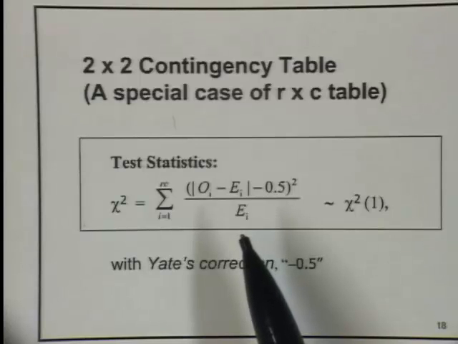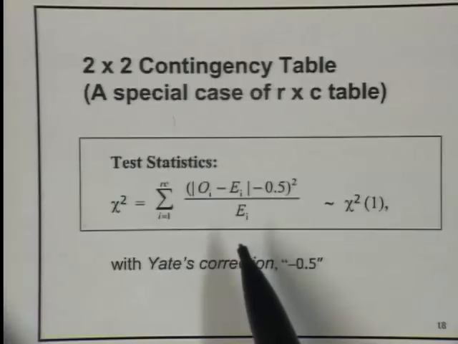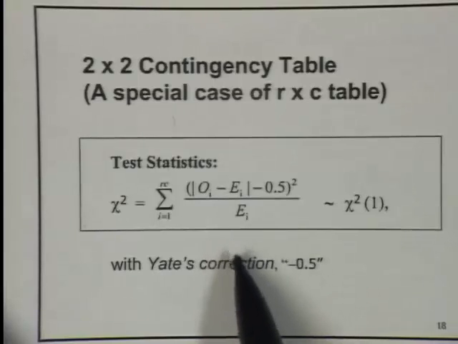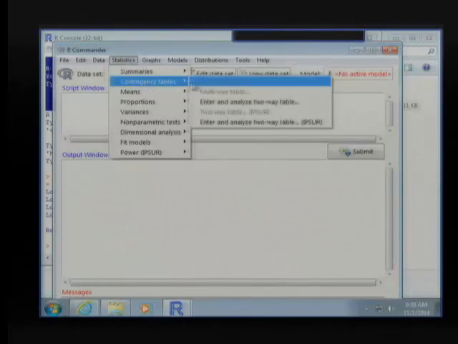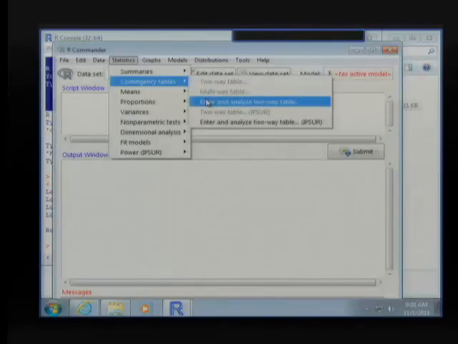But most of the time, if you run the software, it will have the option if you want to take a look at that. I think the outcome will be about the same if you run the chi-square test. You click statistics, contingency table, and I don't have raw data, but I have organized data in that contingency table. So I can click contingency table, enter and analyze two-way table.